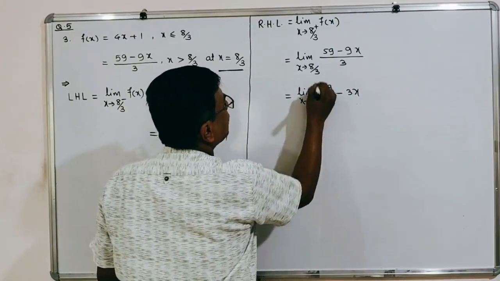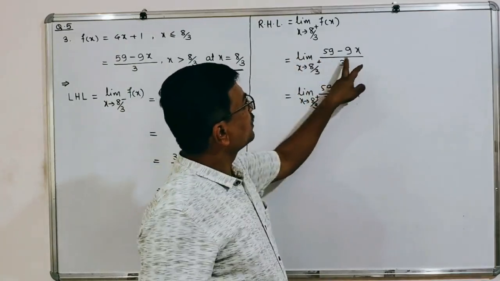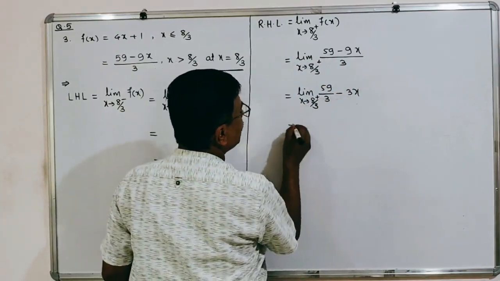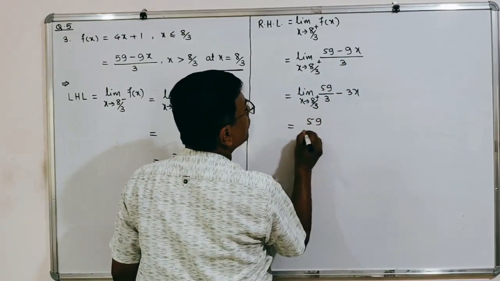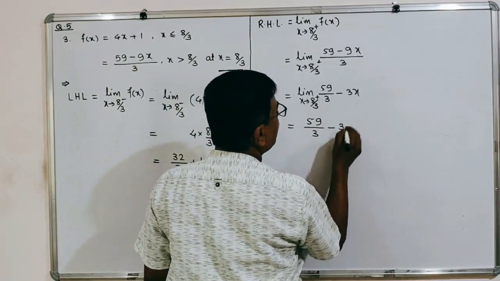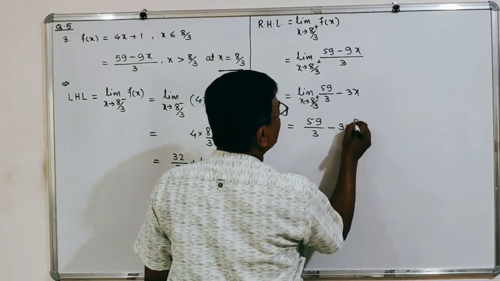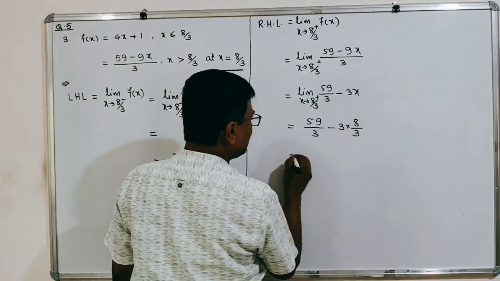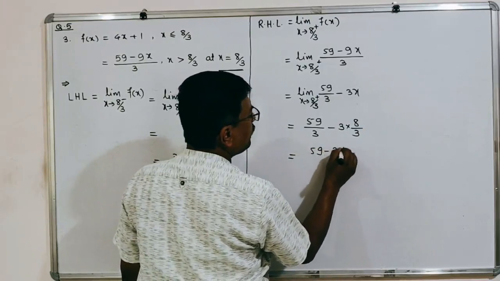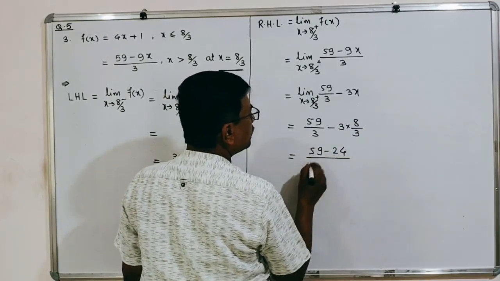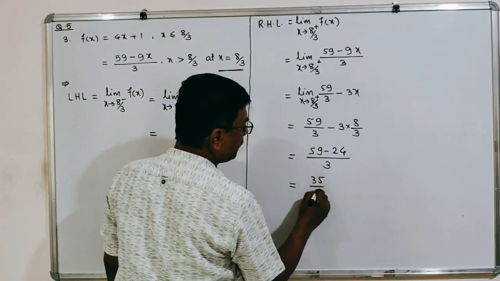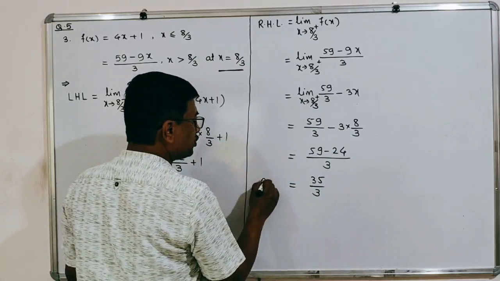If you separate these two, we'll get like this. Now substitute the value. It is 59 by 3 minus 3 into 8 by 3. We can write it in simplified way, that is 59 minus 24 upon 3, that is nothing but 35 upon 3. This is your RHL.